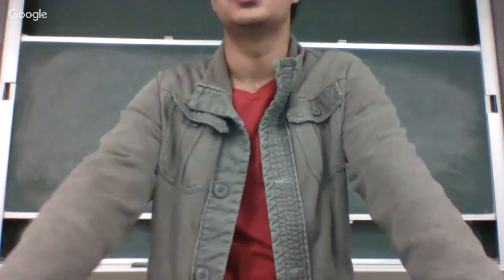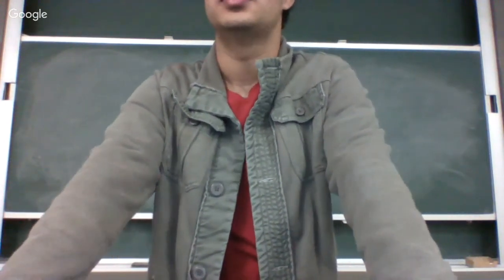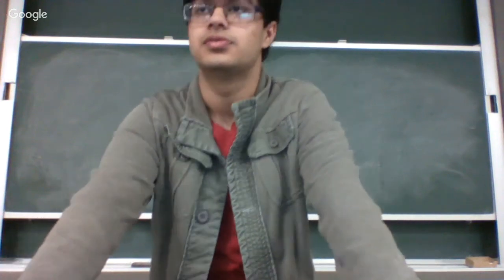Integral of secant squared. Integral of cosecant squared. Integral of secant tangent, negative or positive? Integral of cosecant cotangent, negative. That's good. It's just looking at it backwards.